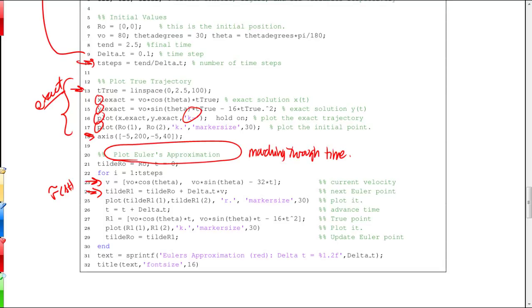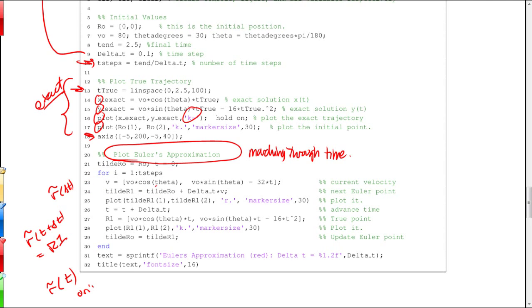So the position r1 is the r tilde of t plus delta t. That's what I'm going to call r1, right? And it's a function of tilde r0, which was just the r tilde of t. So that's basically the first one. Let me do it up here.